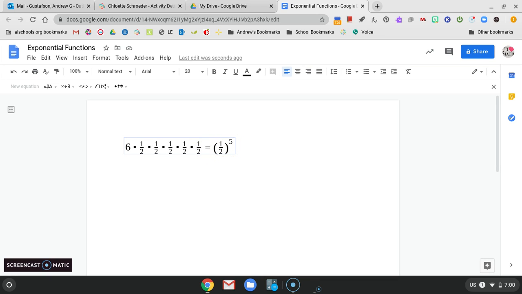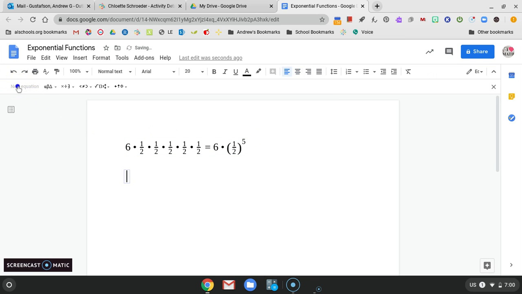And so this example would look something like this, where you would have some starting point times our common ratio, or the rate at which it's changing, to some power. And that power tells us how often this has happened.